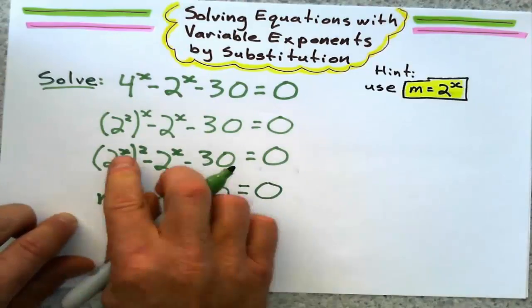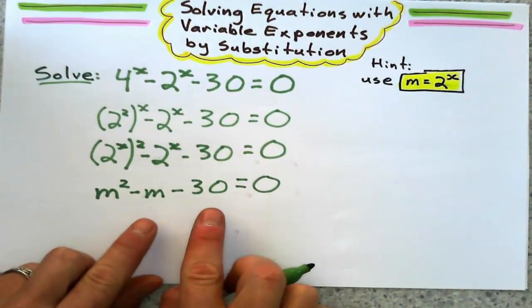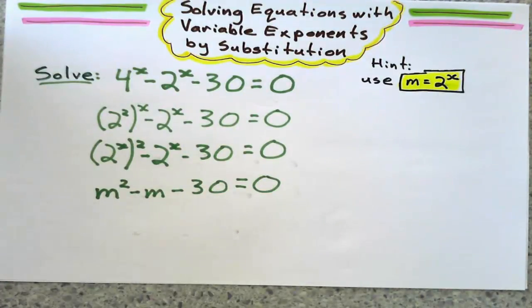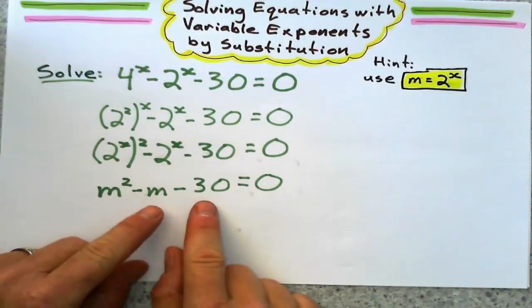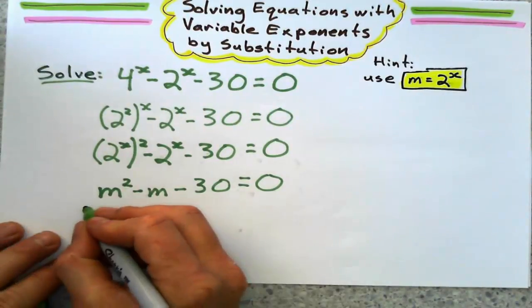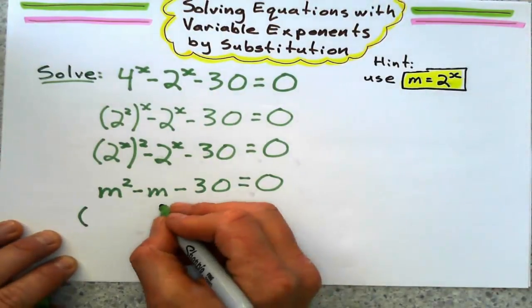With that hint, and with that tricky little thing there, this equation becomes manageable. It becomes a quadratic. Yes, it's a quadratic that can factorize. So I can factorize this quadratic and get the solutions for m, not the solutions for x.